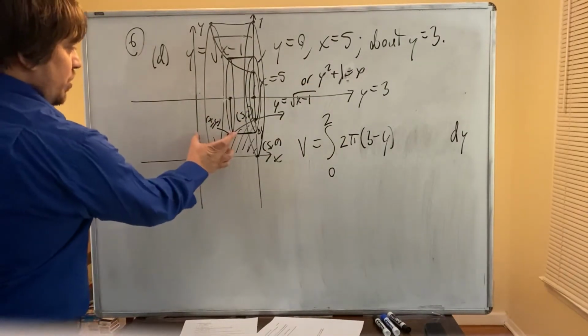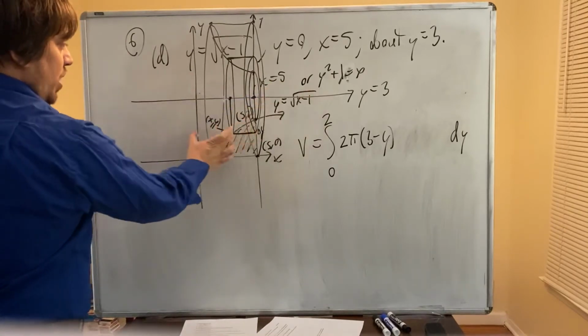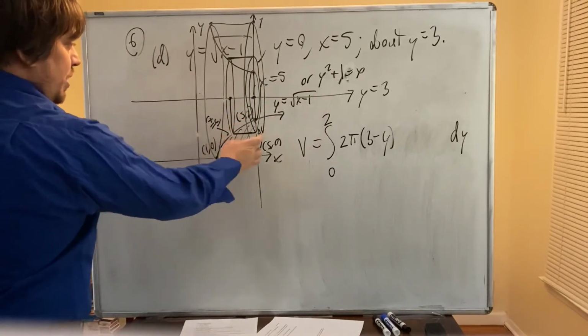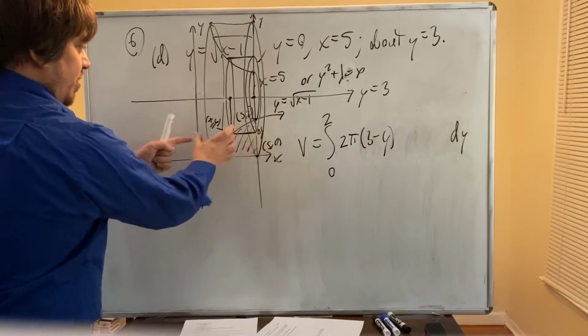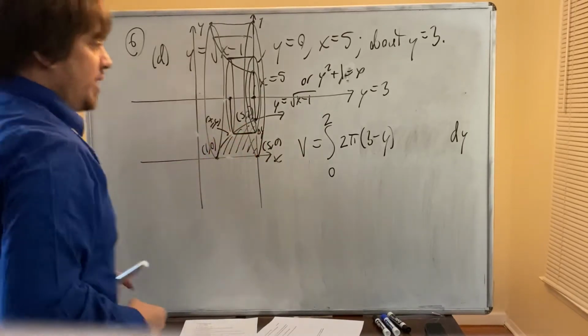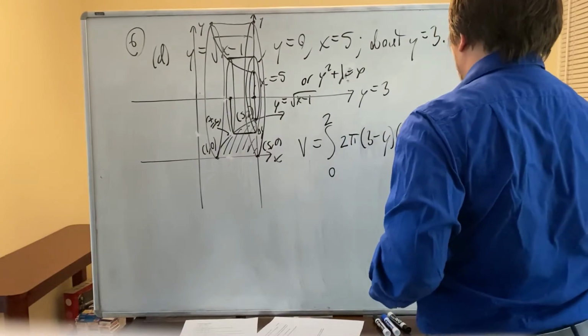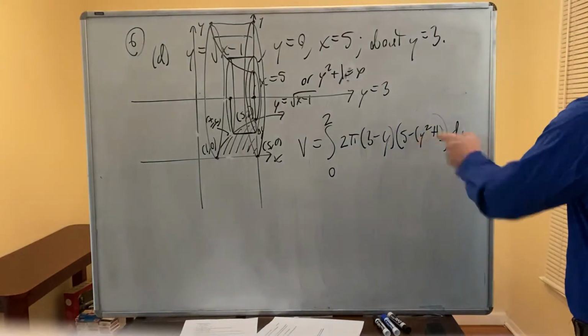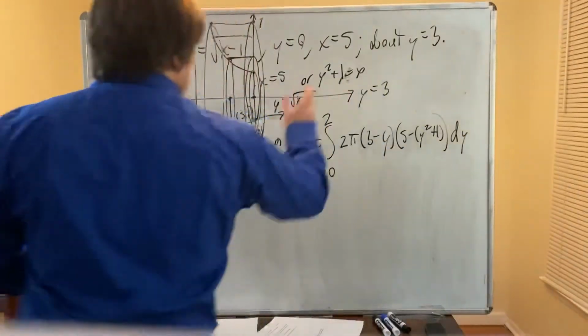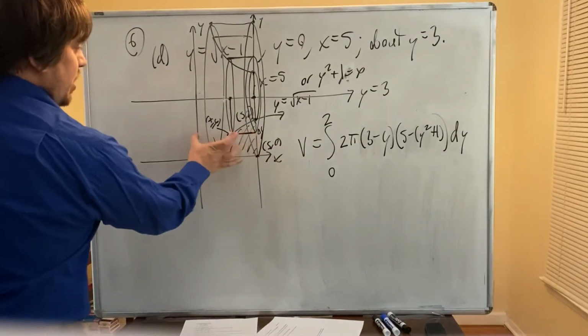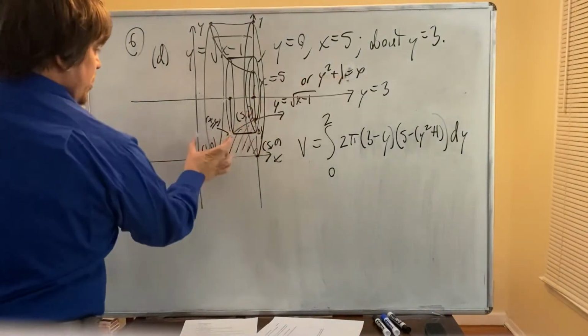So the x coordinate of this point, in terms of y, is y squared plus 1. So the height is 5 minus in parentheses y squared plus 1. Don't forget parentheses. 5 minus the x coordinate, which is y squared plus 1.